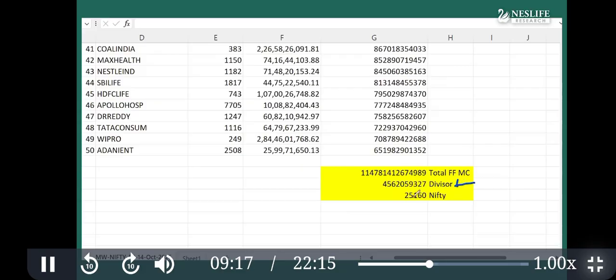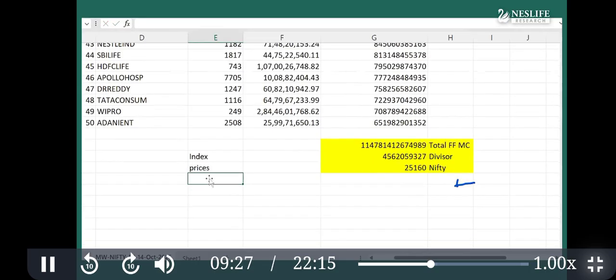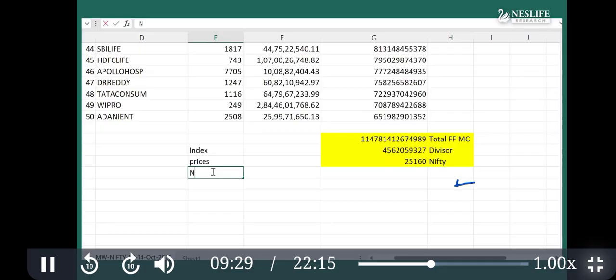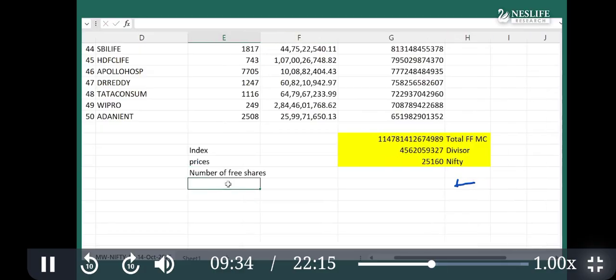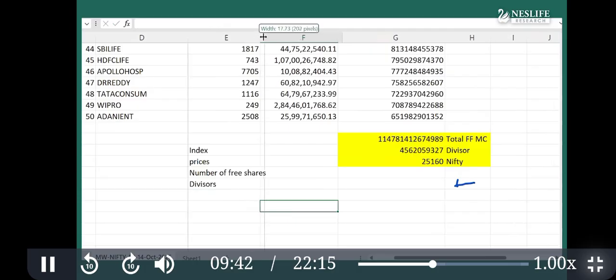For us, what is important are 3 points. Okay, what are those 3 points? The index depends upon prices of shares. That is first. Second, it depends upon the number of free shares. Okay. And some divisor, which is a secret formula. We don't know that. These are the 3 things.